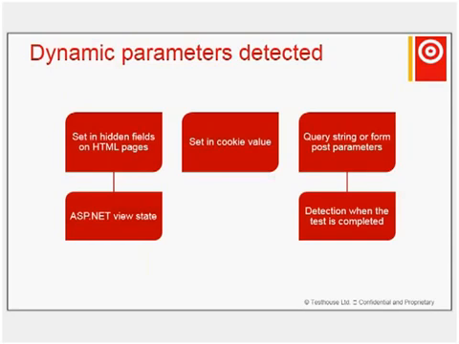It will again detect those once the test is completed. One thing to bear in mind with hidden fields is that they will always be done at runtime. So if the hidden fields change, they will change for your web performance test.